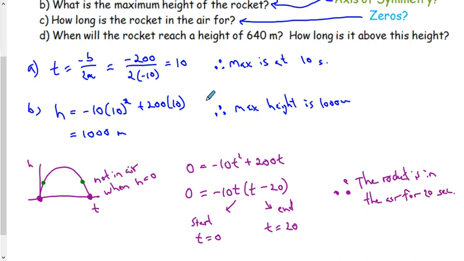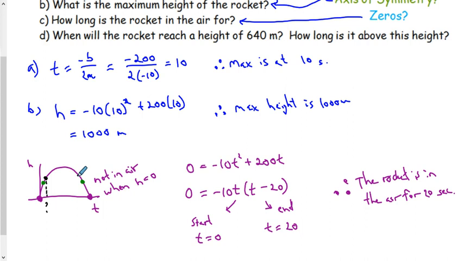When will the rocket reach a height of 640 meters? And how long is it above this height? Okay, whew. So we need to find when it reaches 640 meters, let's say it's right there, what is that time? I don't know when it reaches that.